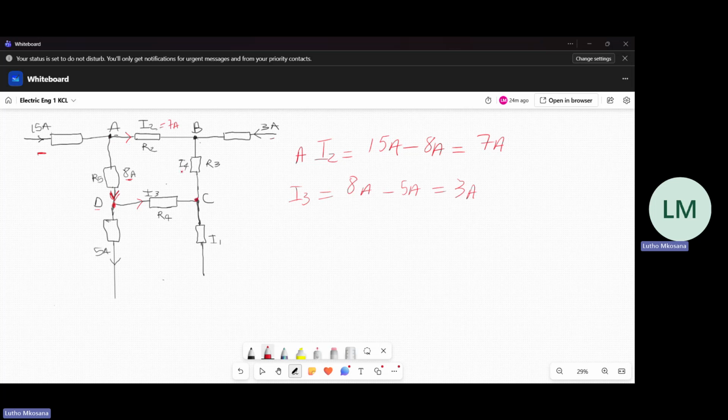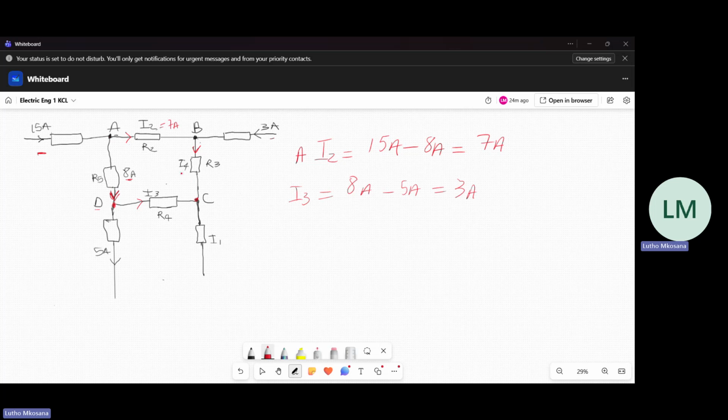Then we need to determine the direction of I4. If you remember the law of KCL, it says that no current accumulates in a node. Therefore, if I2 is flowing towards the node and 3 amps is flowing towards that node, I4 won't be flowing into that node as well, so it takes this direction.